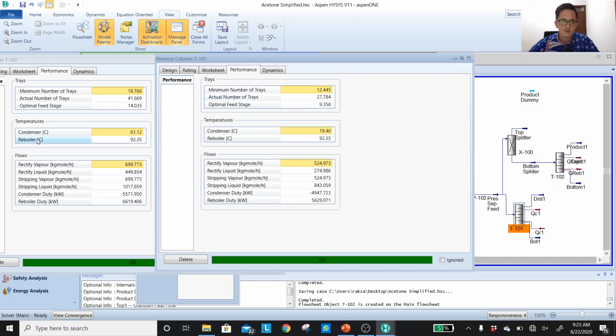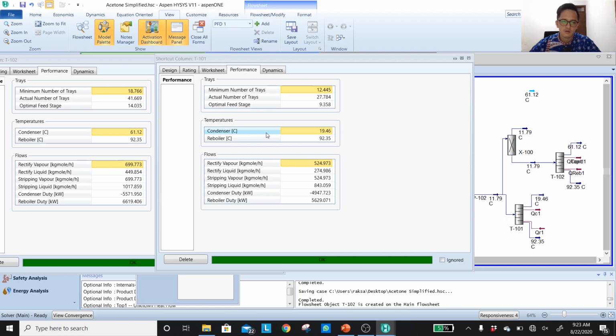It's fine, but the important thing now is that the temperature matches our estimation, matches our dummy prediction. Instead of working at a very cold temperature where you can't use cooling water, and need to use chilled water at least for this one, now you can use cooling water because it's already at 61 degrees C. The reboiler doesn't have any problem, again, because the problem is at the top.